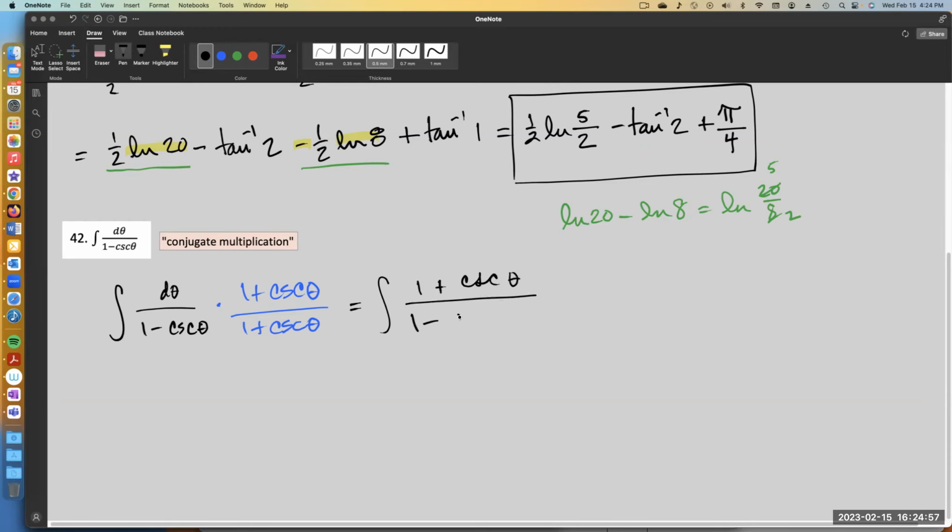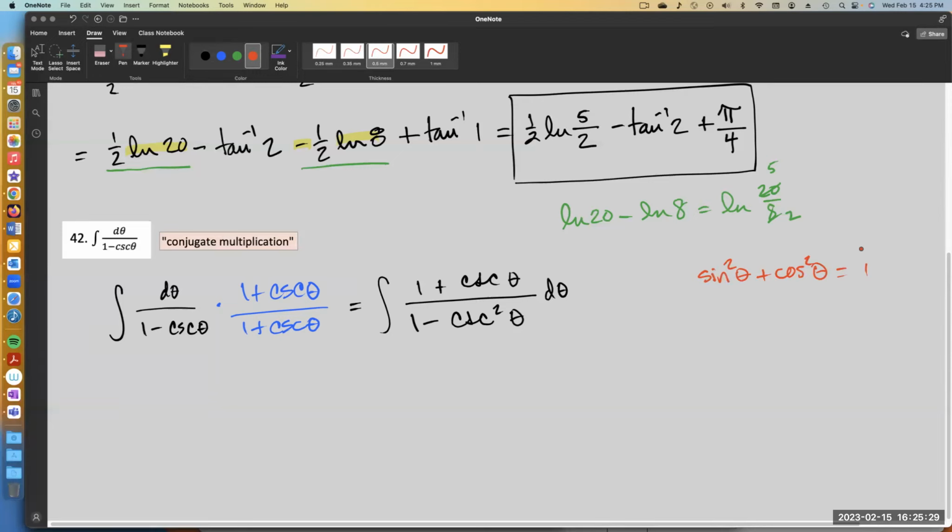So in the denominator, we have 1 minus cosecant squared of theta, and that is going to come from a Pythagorean identity. Now, you may not remember your identity for the cosecants. If you can't remember it, you can always go back to your regular Pythagorean identity and divide by whatever you need to get cosecant.